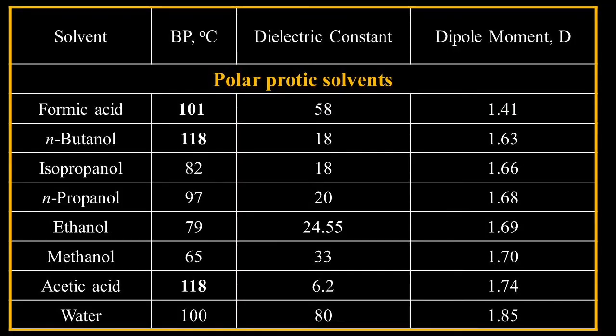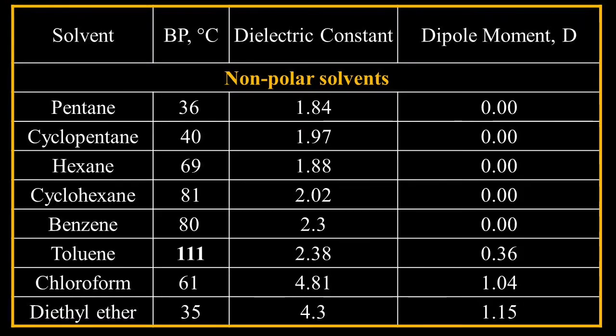Notice the polar protic solvents. Water is at the bottom of the list, and see how large the dielectric constant is. And the dipole is 1.85, which is fairly high. But the others that have high boiling points have very low dielectric constants.